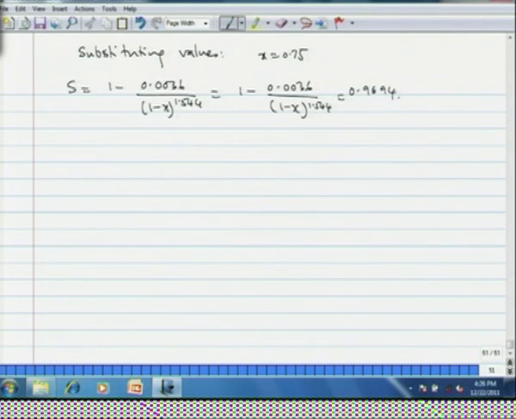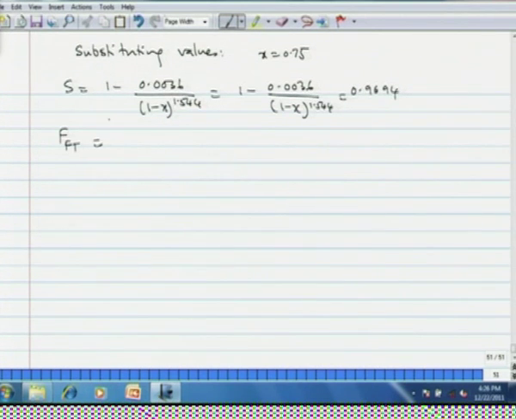The fresh feed rate of toluene will be PB by S, which is 265 divided by 0.9694, which turns out to be 273.4, that we approximate at 273 mole per hour.